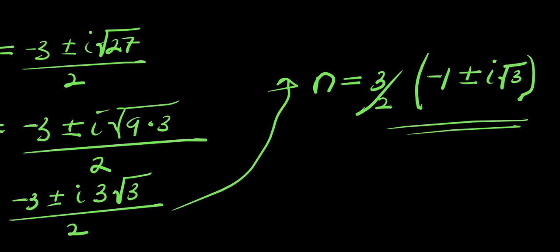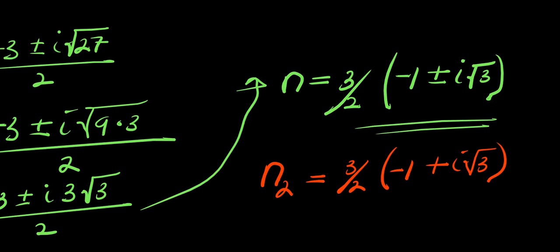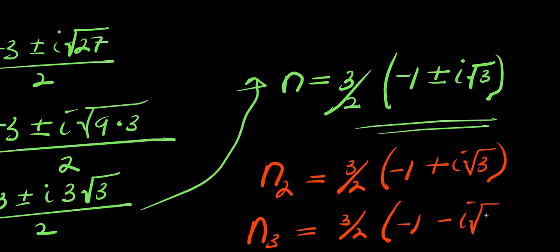So you have two values for n. n2 equals 3 over 2 times negative 1 plus i root 3. We also have n3 equals 3 over 2 times negative 1 minus i root 3. So these are the two complex values.